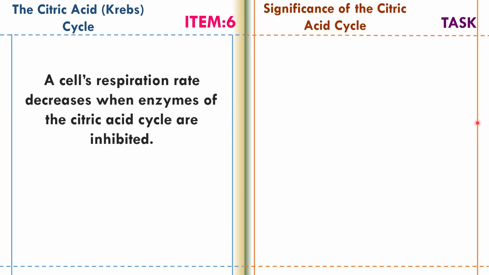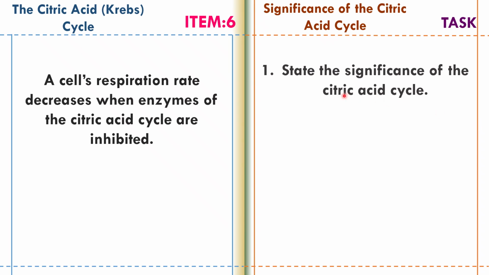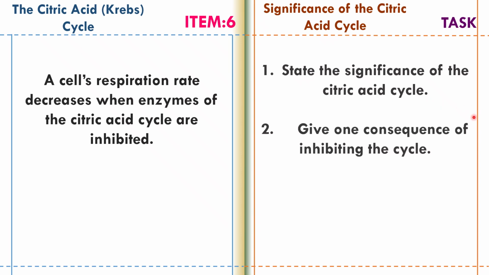Task: state the significance of the citric acid cycle. Give 1 consequence of inhibiting the cycle.